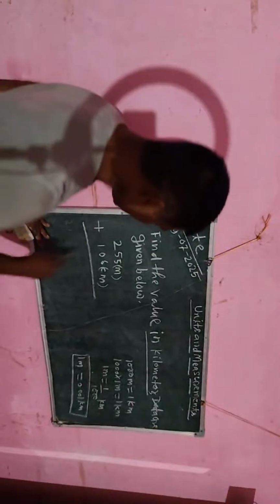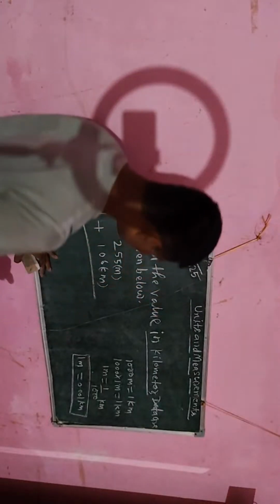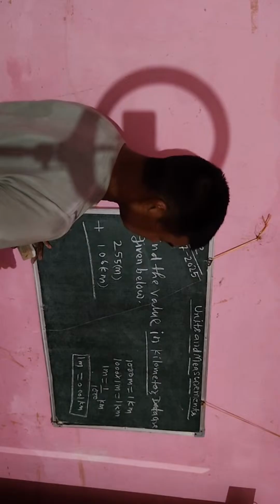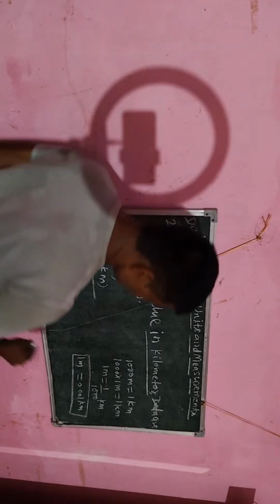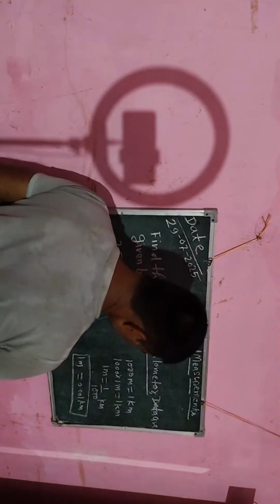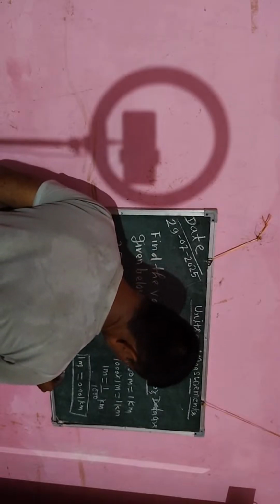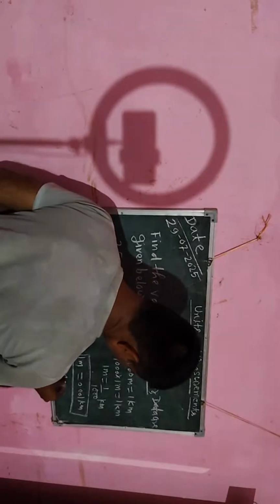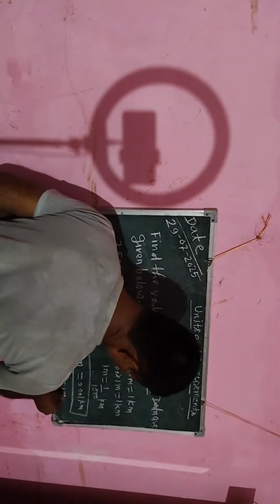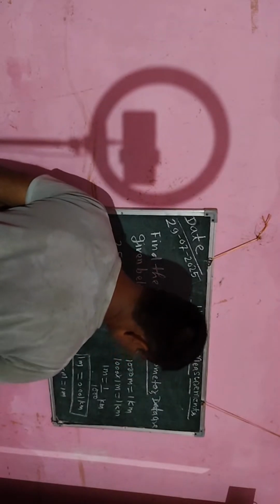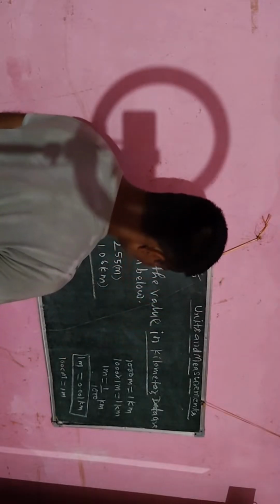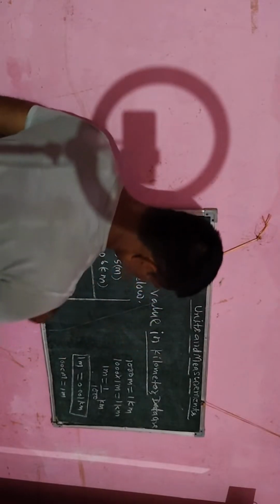So similarly, I will also find in centimeter. I know 100 centimeter is equal to 1 meter. In the place of 1 meter, I can write 0.001 kilometer. So here I am going to simplify.